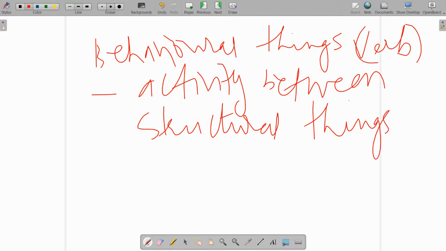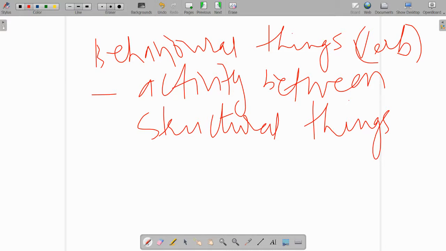Yes. When we can call structural things nouns, then what activity is there between two nouns, that is depicted by behavioral things. Okay. So if I have to show a verb between two nouns, here behavioral things will work as a verb, between the two structural things.